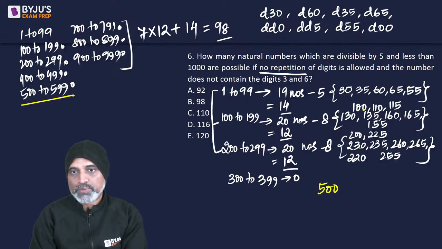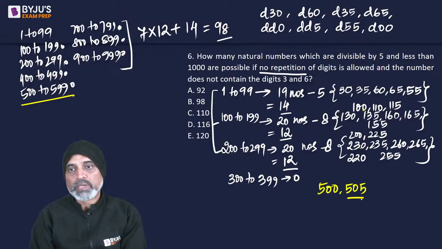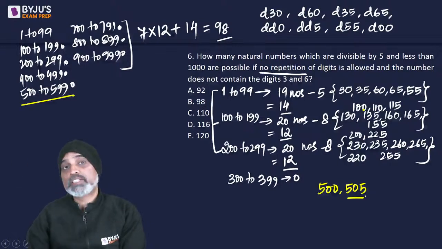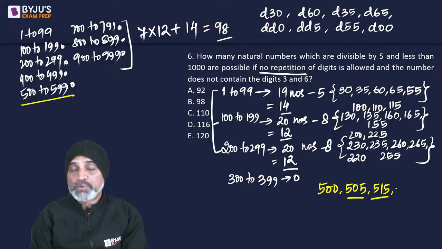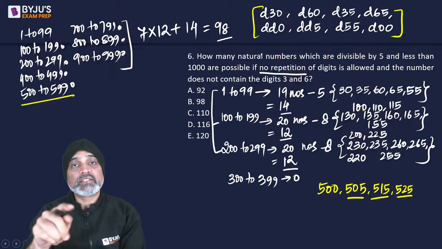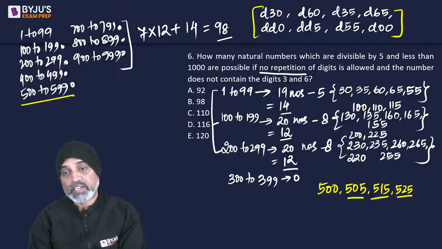The way 100 and 200 are excluded. 505 should also be excluded, because here 500s place and units place, they are also same, right? 510, no problem. 515, yes, there is a problem. 520, no problem. 525, yes, there will be a problem, right? These are not under these 8 cases where repetition is happening.